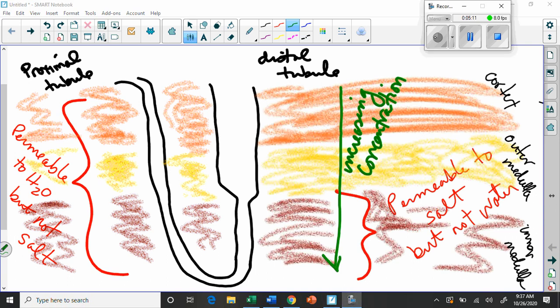Okay, so we'll pick another color. Maybe purple will stand out. So because this descending loop is permeable to water, that means water can easily move through it. And if you are dipping down through these tissues, which are increasing in concentrations, then obviously water is going to want to be pulled out of the filtrate, which is inside the tube.